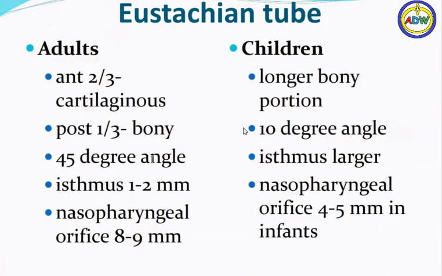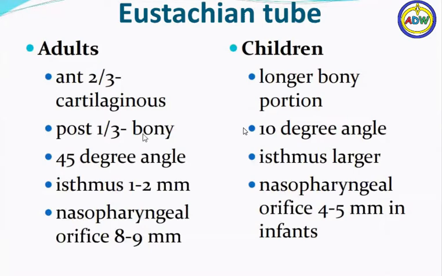And of course, there are some specialties: acute otitis media is most common in children, mostly present in childhood. Why? We said one of the etiological factors is the anatomic contribution.